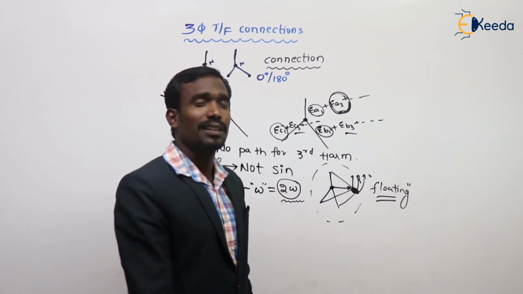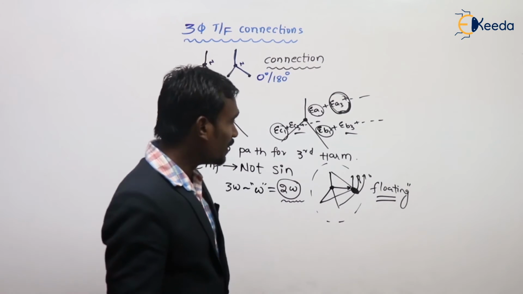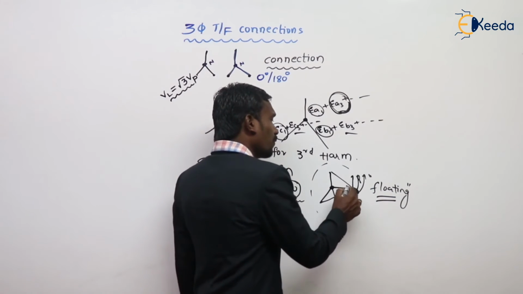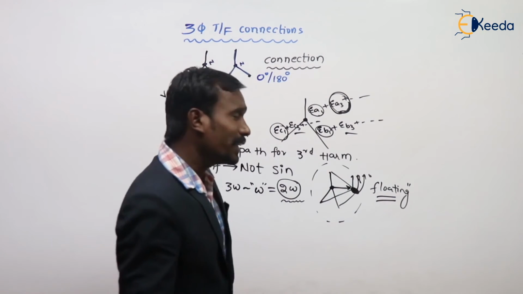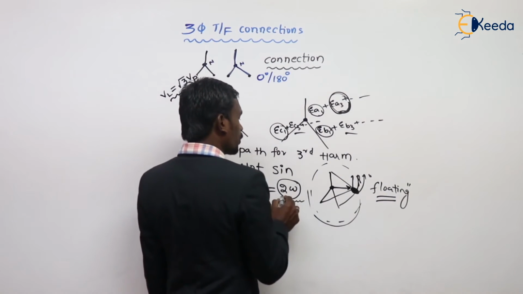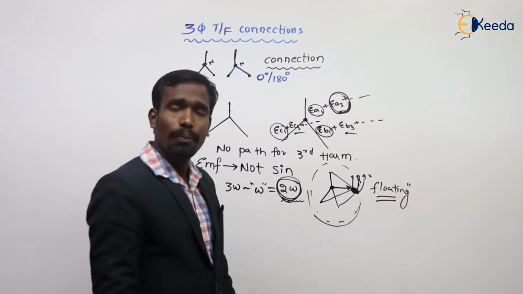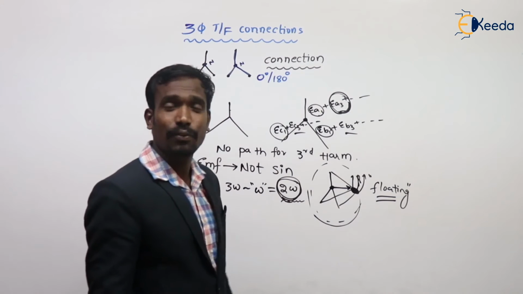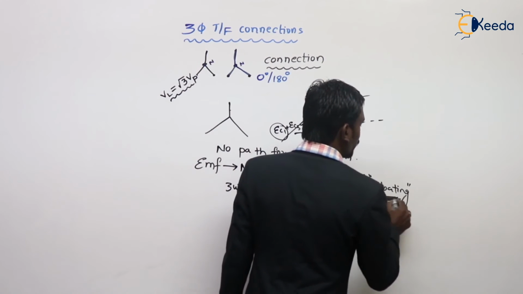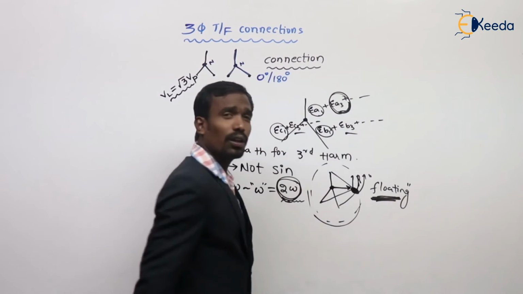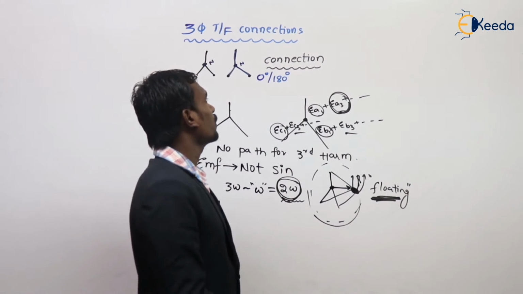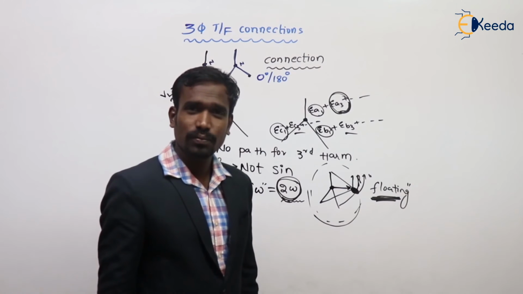This is the major disadvantage. In star-star connection, the neutral point shifts from time to time, and it is not constant. This is a big disadvantage of the star-star connection.